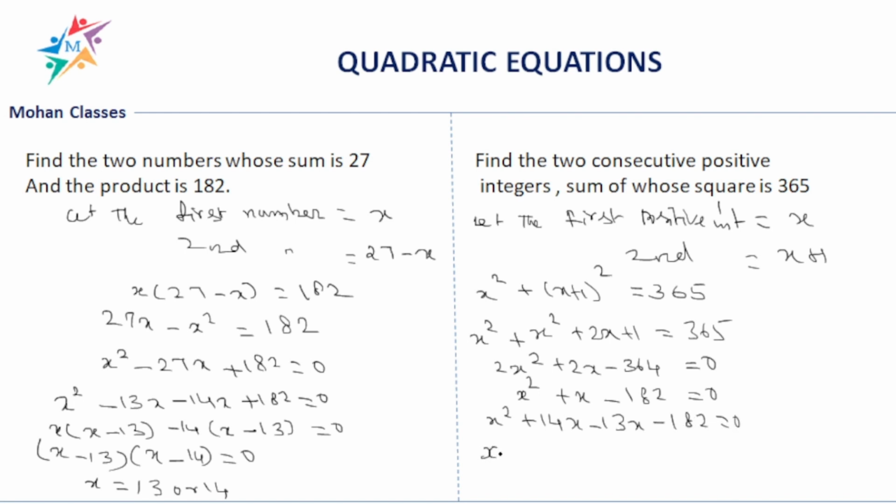Again we can take x outside and get (x + 14)(x - 13) = 0. Therefore the value of x is 13 or -14. Here -14 is ruled out because it is a negative integer. Now we want only a positive integer, therefore 13. So the answer is 13 and 14.